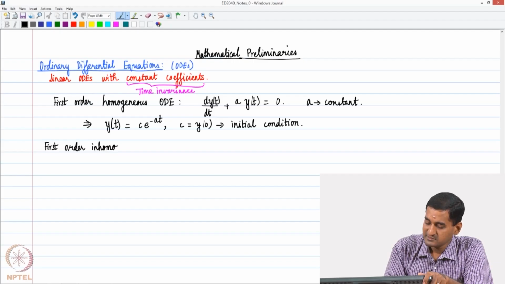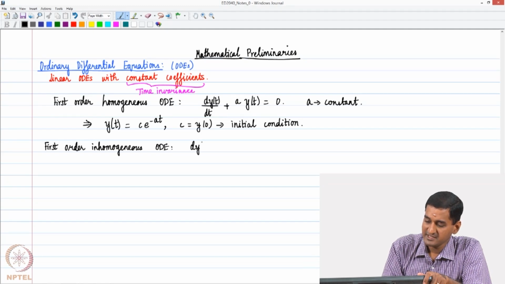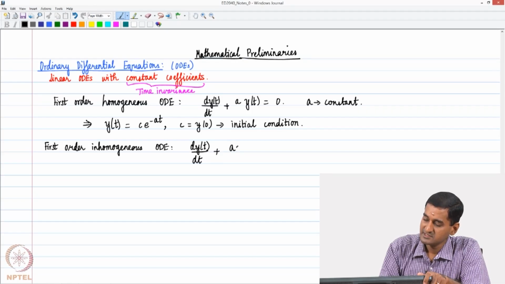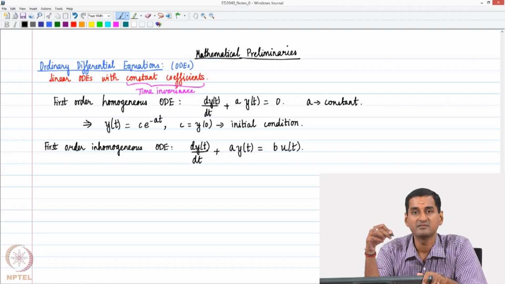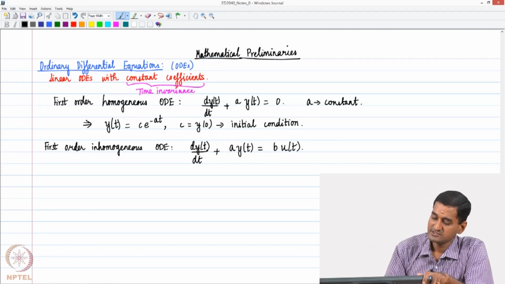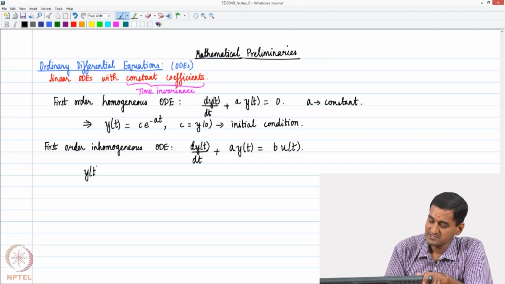Okay, so if we have now a first order inhomogeneous ODE of the form, let us say dy/dt plus a y(t) is equal to, let us say, some b u(t). Let us say we have some equation of this form, right. So, what is the solution to this equation?